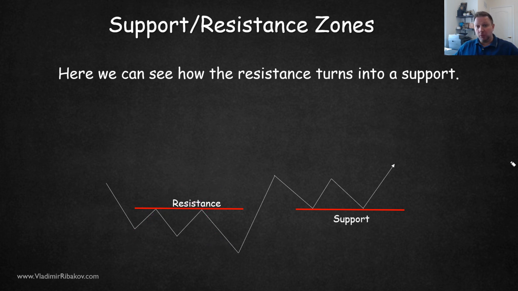At some moment, because of these or other conditions from the market, there are events happening in the market that cause a trend change at times. And once this level is broken, it starts to be used as the support because the buyers get the control. Now they will try to protect it. How do they protect it? Every single time the price goes there, they say, now it's cheap again, let's buy.